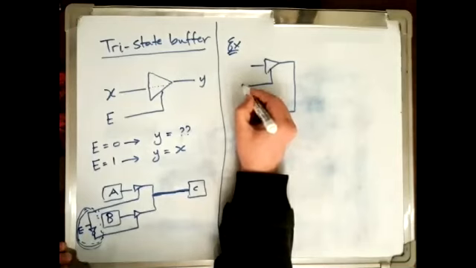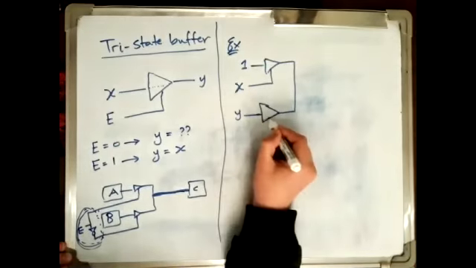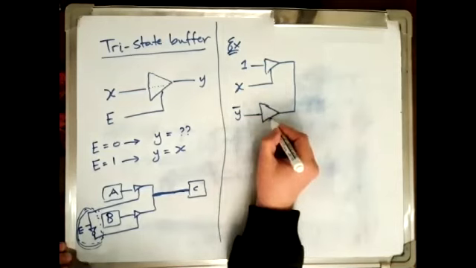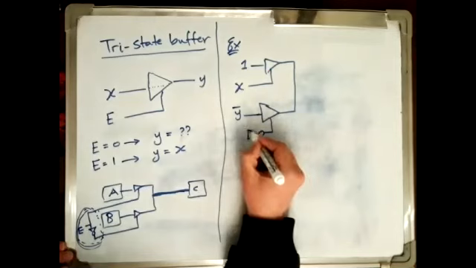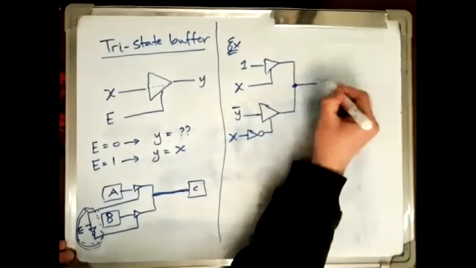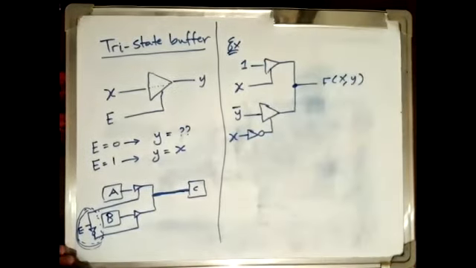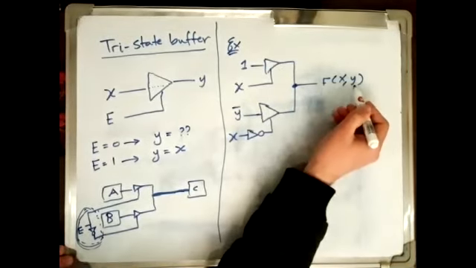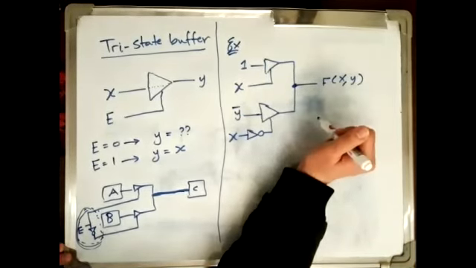Let's say we have here X, we have here 1, and we have here Y bar, and we have here X. And here we have F of X, Y. So this is a circuit that is supposed to implement F of X, Y.